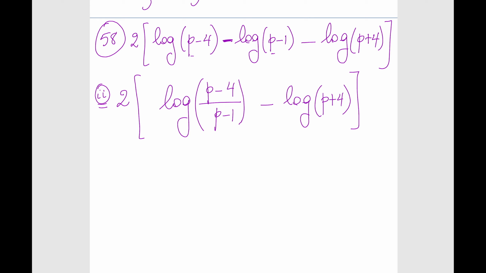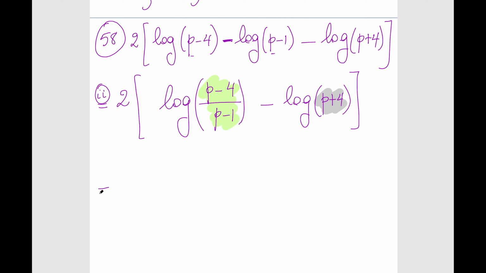So log of this minus log of that. So property 2 again, this whole green thing highlighted in green is going to play the role of the numerator, and that's going to play the role of the denominator, right?